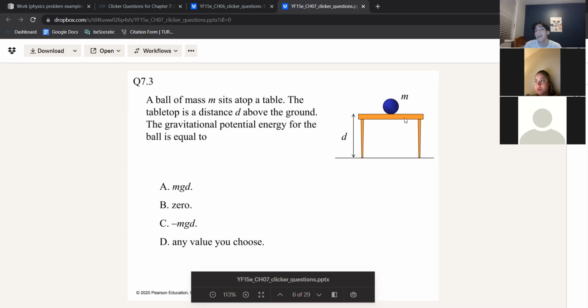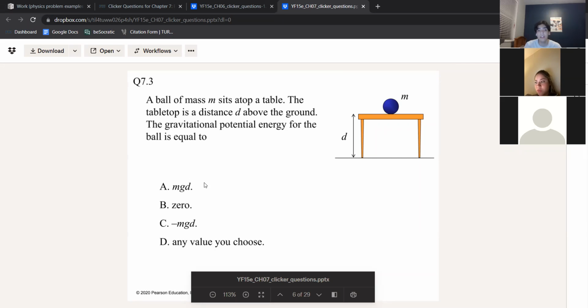If you said the ball were to fall to the table, then it's 0. Typically we standardize it as the ground, because that's as far as you can drop. But realistically, I could see it be any of these.